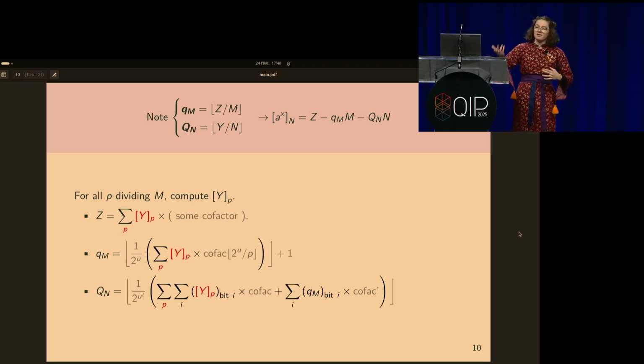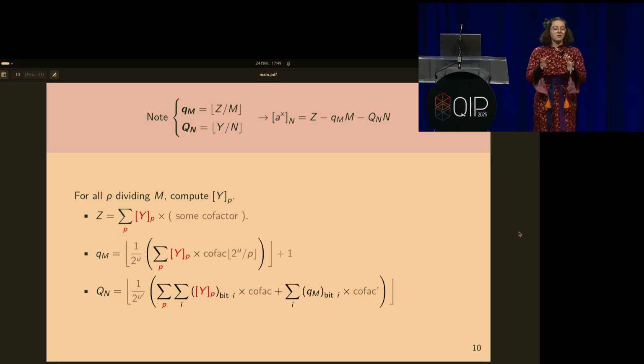This is the reason why, for example, if we are working with the first prime factor of big M, we can compute y modulo p for this first prime factor and update those three quantities according to their formulas, and then we can reuse the same slot of qubits we just used to compute y modulo p, to compute the y modulo the next prime factor of big M we have to deal with.